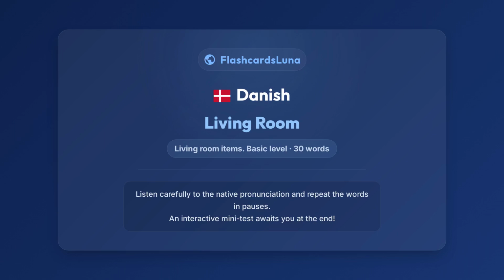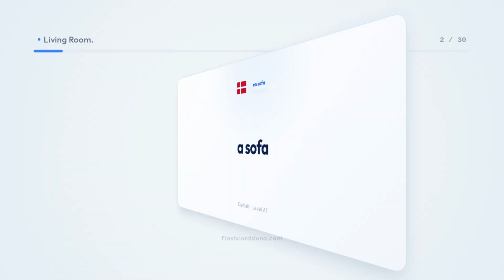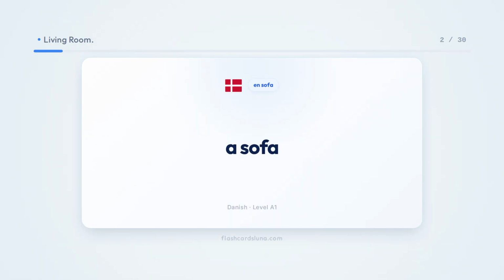Learning Danish. Lesson topic, living room. En stue. A living room. En sofa. A sofa. En lænestol.